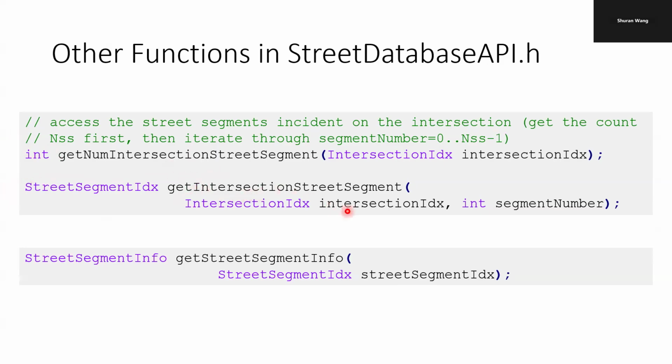Get intersection street segment returns the street segment index of this intersection represented by the intersection index and the segment number that goes from 0 to the number of segments returned here, minus 1. Then you can use the get street segment info and the street segment index to get the info of the street segment as a struct.